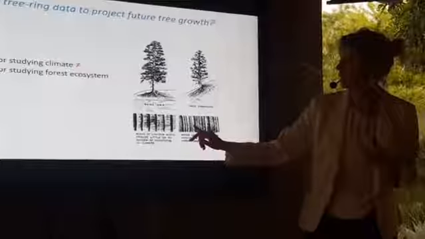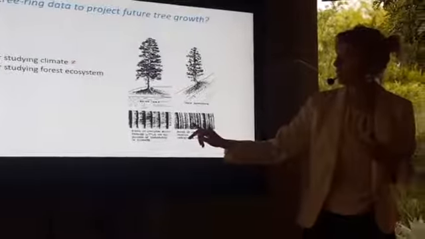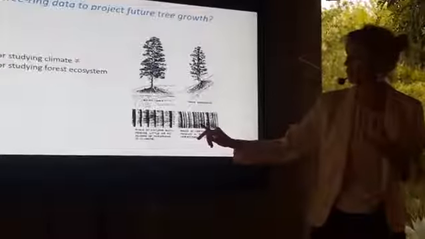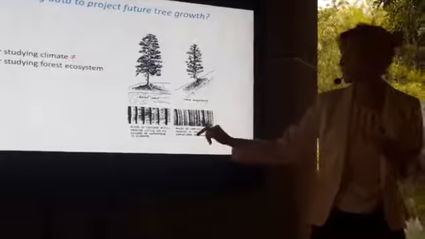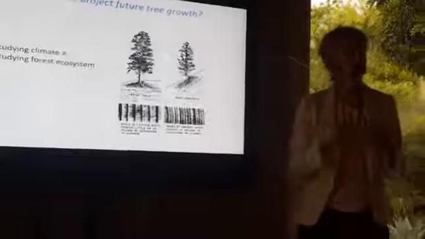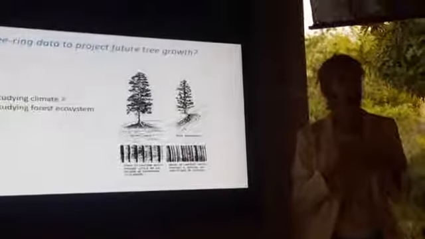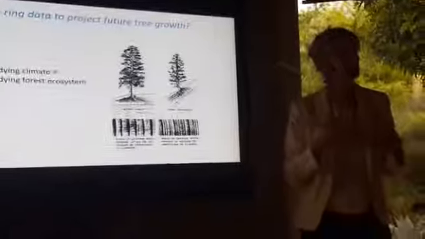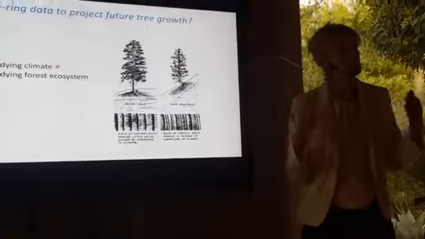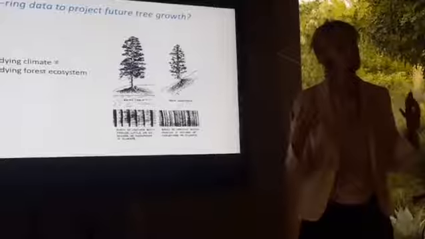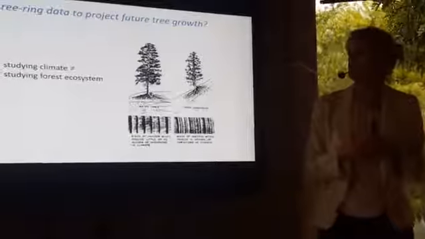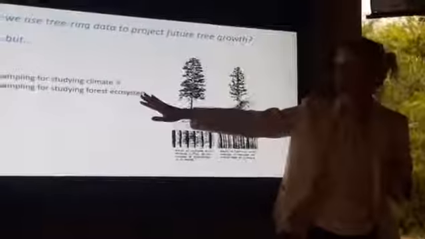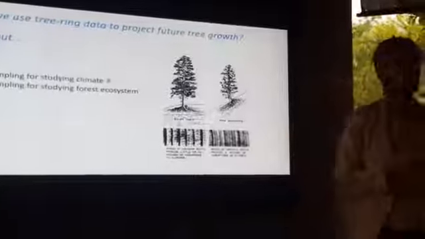So a wide ring in one year, and then a narrow ring, a narrow ring, a narrow ring, a little bit wider, narrow, etc. So really a lot of variability from one year to the next. And that allows dendroclimatologists to pick up the climate signal and reconstruct past climate.